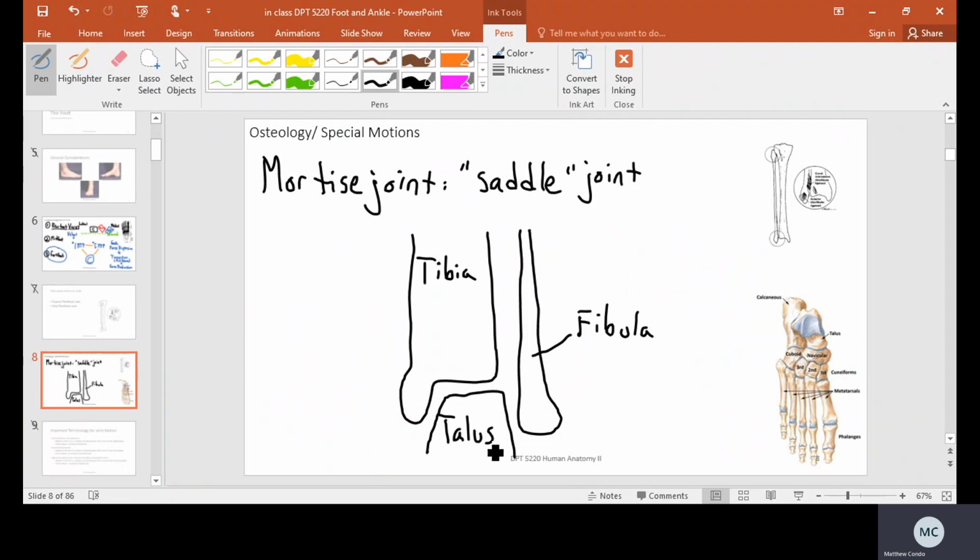Now, despite this being a really small space and a really small joint, there is a ton going on here.